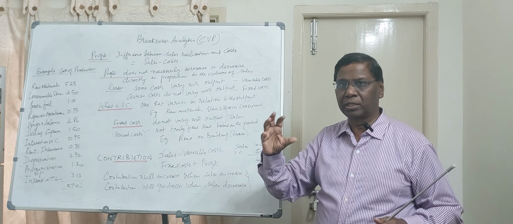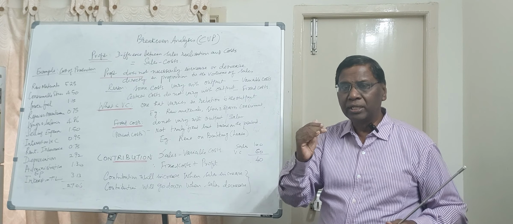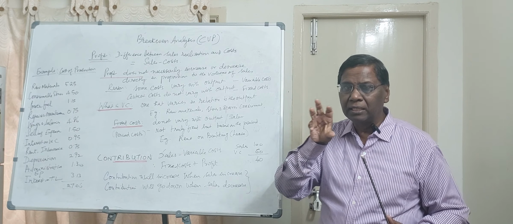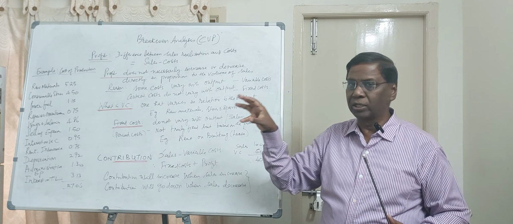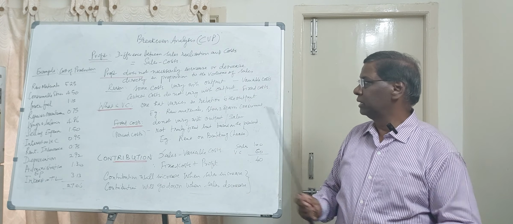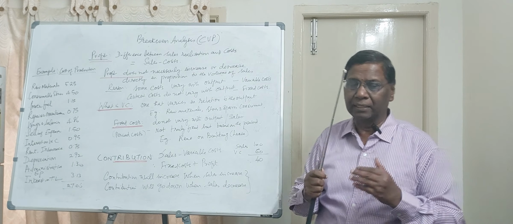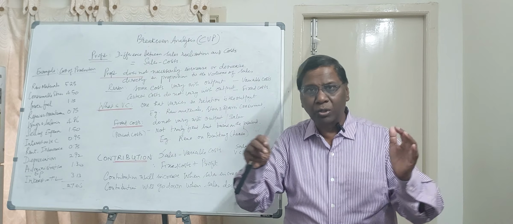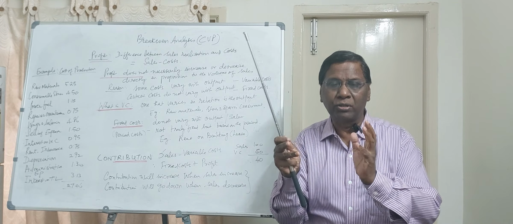To that extent you have to buy raw materials. If I want to make 20,000 bags, you have to increase the raw material cost, because this variable cost changes proportionally to the volume of production or output. It will go hand in hand.